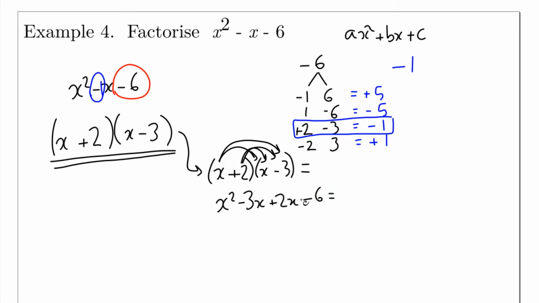Last step is to simplify these two terms. x squared minus 3x plus 2x gives me minus x, and then a minus 6. So we see that this is the same as the question that we factorized into the two brackets, so that gives me confidence that this is the right answer.